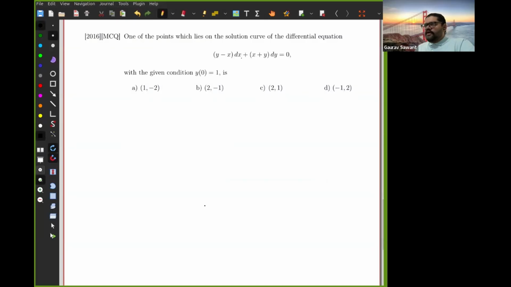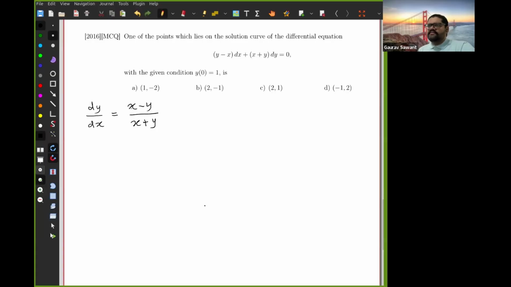So now this particular equation, (y minus x) dx plus (x plus y) dy equal to 0. This can be converted into our familiar looking form, dy by dx equal to (x minus y) over (x plus y). I wrote it in the form dy by dx equal to f(x,y).